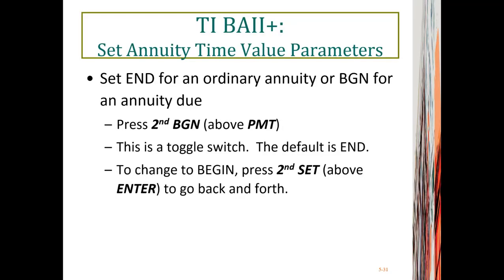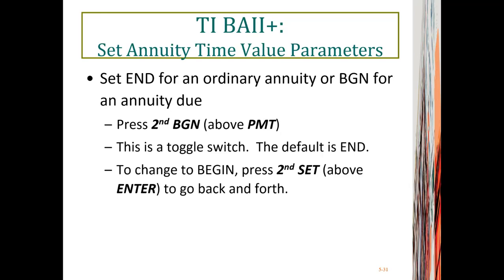To initiate beginning mode on your calculator, you need to press second BGN. BGN is a secondary function for the key of PMT. So when you press second BGN, you will see BGN on the right hand side of your calculator screen.